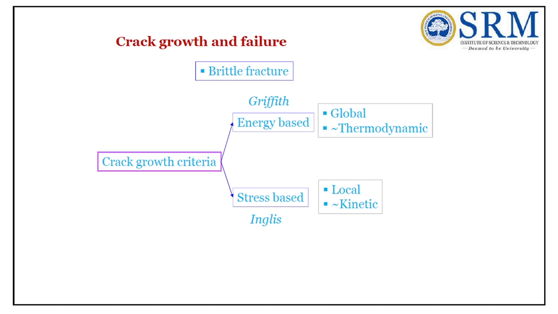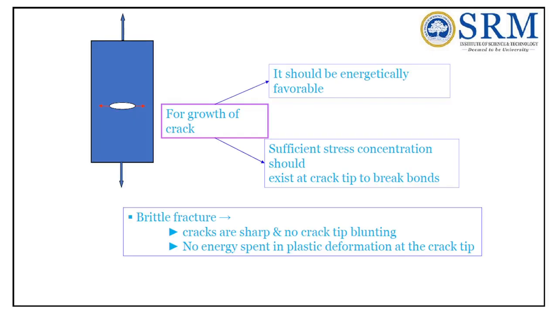The crack is due to local stress and it is kinetic in nature, whereas Griffith proposed that the crack is global and it is thermodynamic in nature. So for growth of a crack, it should be energetically favorable.